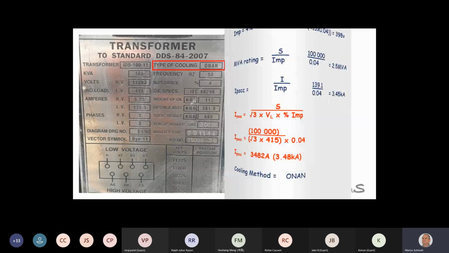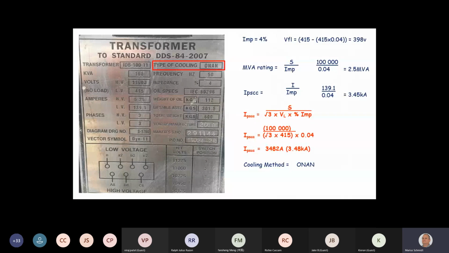Remember, O stands for oil, A stands for air, N for natural, F for forced. Is that all right? Cool. Guys, there, 5 marks. Easy in your exam. Read your questions well.